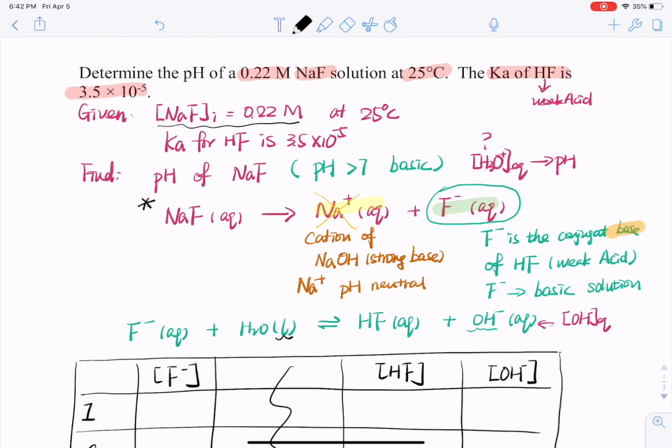Every 1 mole of sodium fluoride is going to turn into 1 mole of sodium and 1 mole of fluoride. So it's a 1 to 1 to 1 ratio. Therefore the initial concentration of fluoride equals the concentration of NaF, because again it's a 1 to 1 ratio. So this is gonna equal 0.22 molarity.